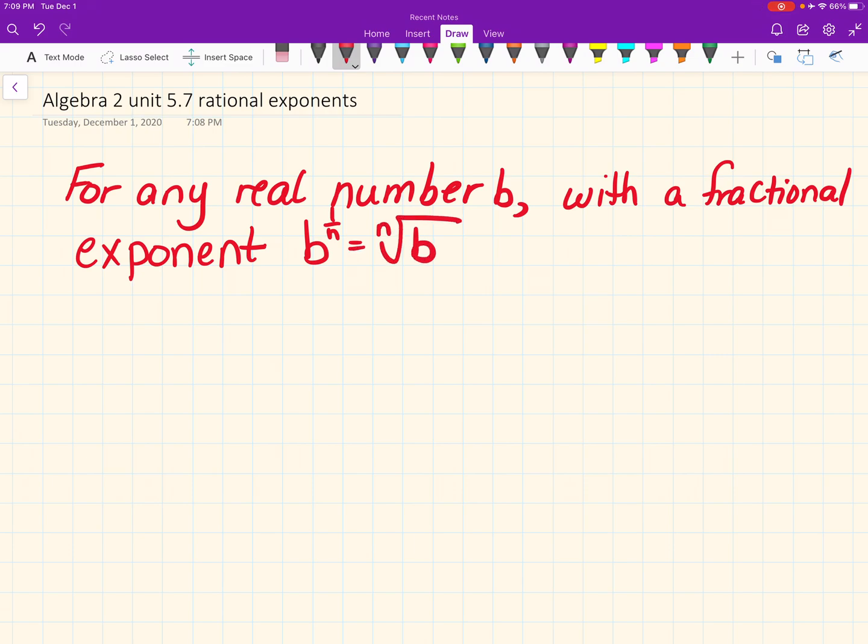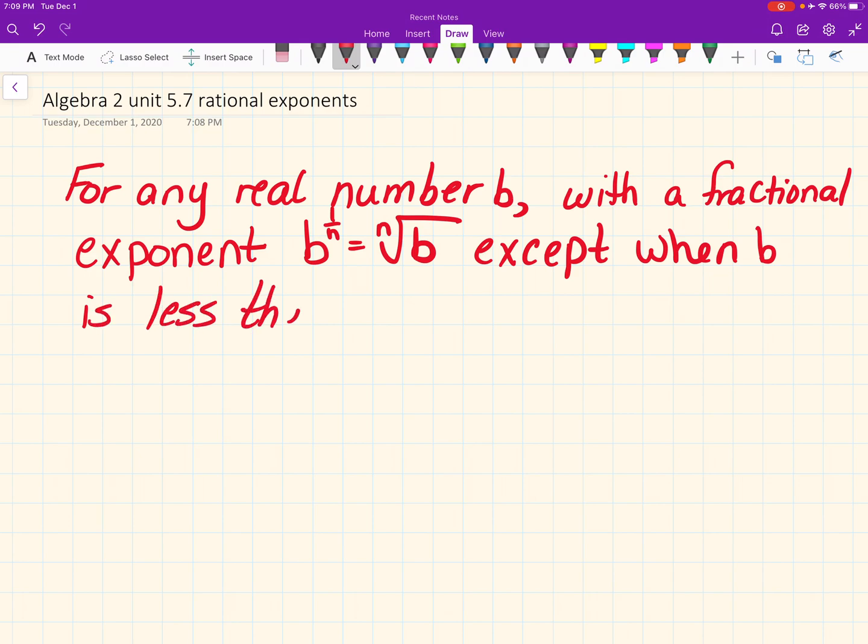So the denominator determines the index, except when b is less than 0 and n is even. So we'll get into what happens there.